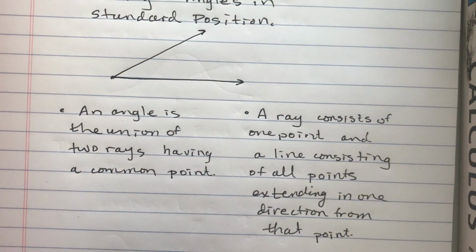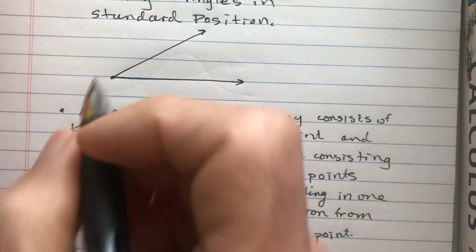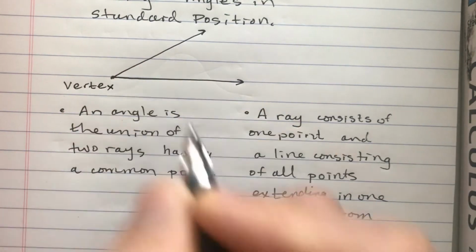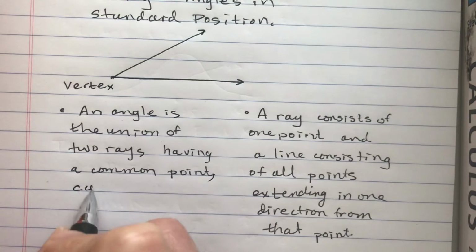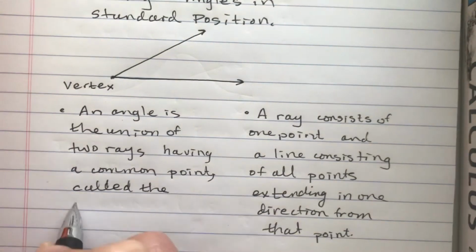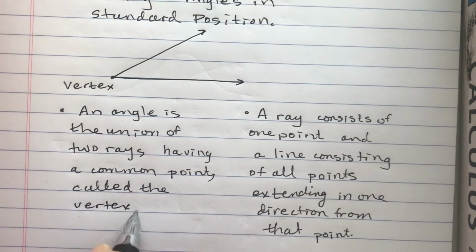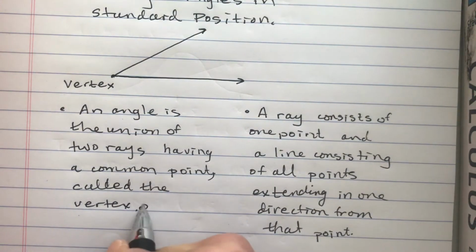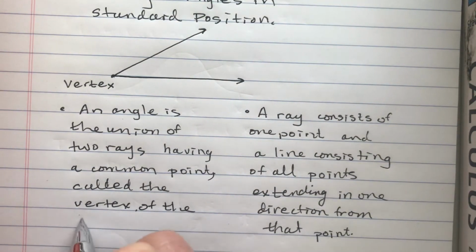And this point right here is called the vertex of the angle.